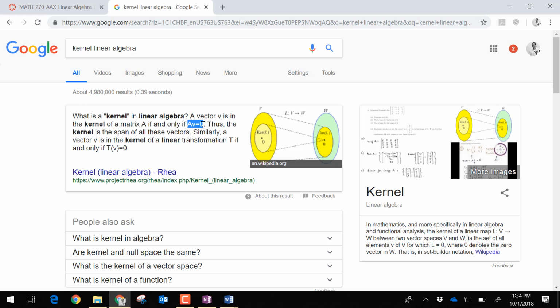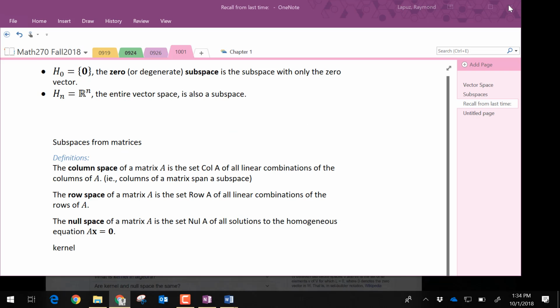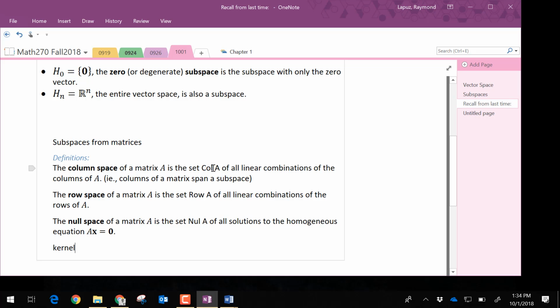Now we're getting all mixed up here. Anyways, the null space has something to do with a kernel.